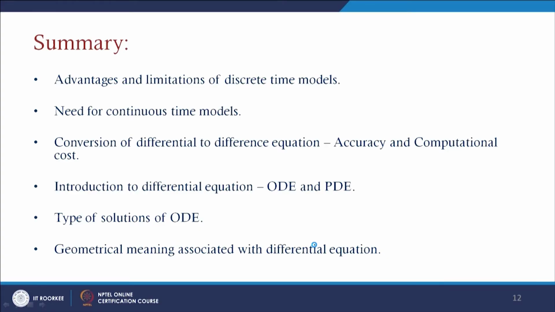So, from this lecture we have found the advantages and disadvantages of discrete time models, and then we discussed continuous time models and how we represent them in different forms. Then we discussed conversion of a differential equation to a difference equation if equispaced points are present.